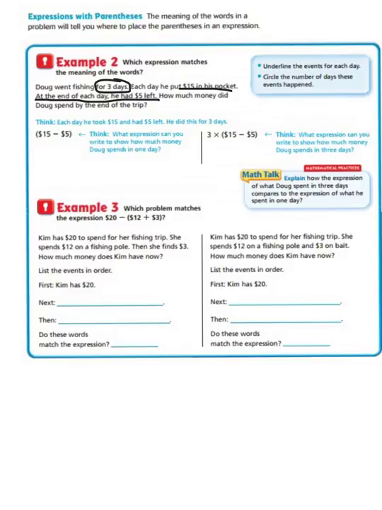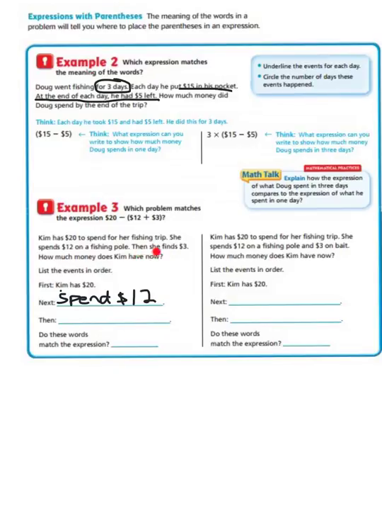Well, let's look at this. List the events in order, kind of like our sequencing. First, Kim has the $20. Next, well, let's go up here. She has the $20, so then she spends $12 on a fishing pole. Okay, now let's keep going.